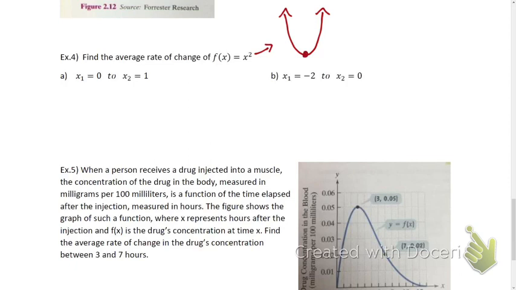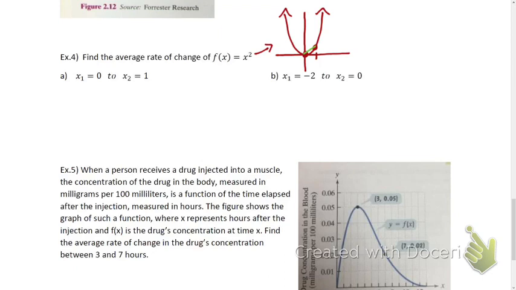If I was to draw my xy coordinate plane, it would look something like this. So at that spot at 0, 0, and this spot at 1, I need to find the slope between just those 2 points. So that's a straight line. I ignore the curving line and I just find the slope between the points.